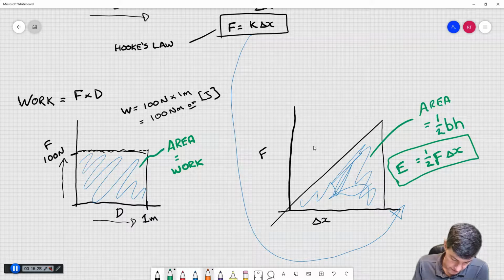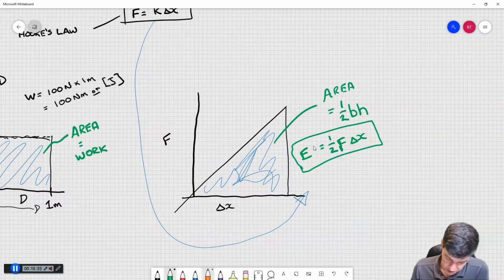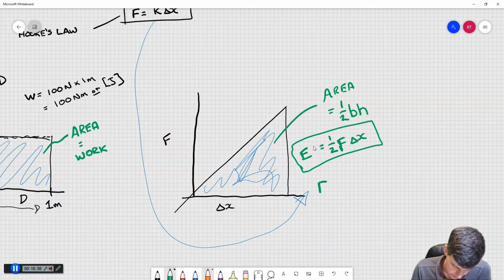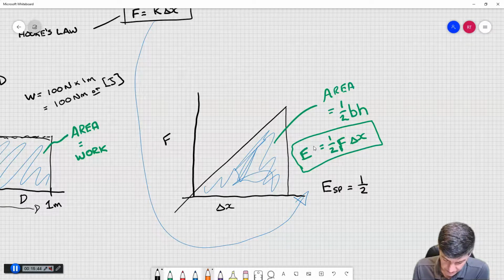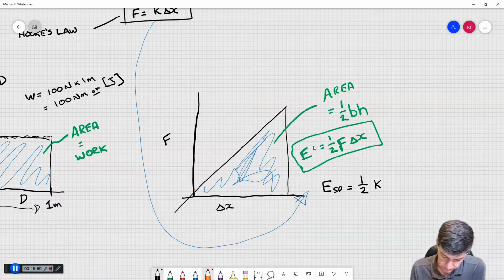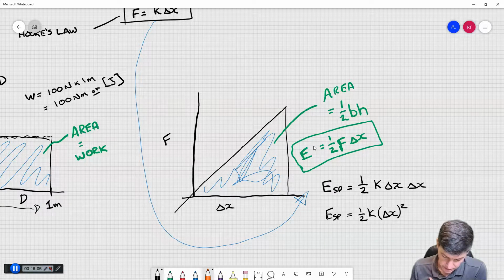And what I have is my final equation, which is going to say that the energy in a spring, E, is going to be equal to 1/2 times kx, or change in x, times my change in x, or my energy of my spring is equal to 1/2 k times the change in length squared.